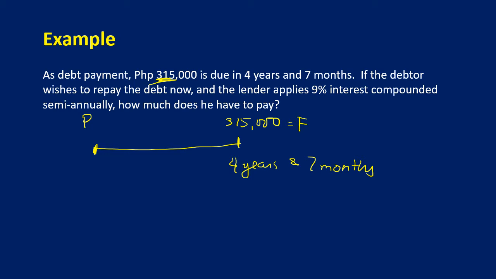So, what is the formula? Future value, right?